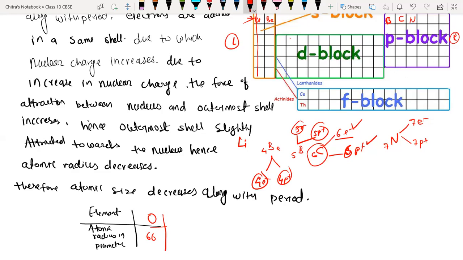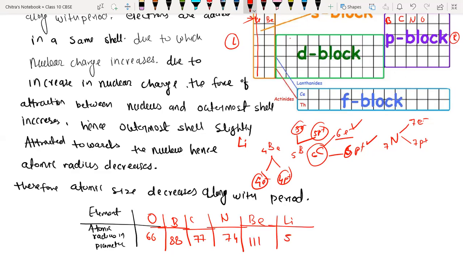Here we have nitrogen, and then boron, which has an atomic radius of 88 picometer. Then carbon, which has 77. Then nitrogen, which is 74. Then beryllium, which is 111, and lithium, which is 152.